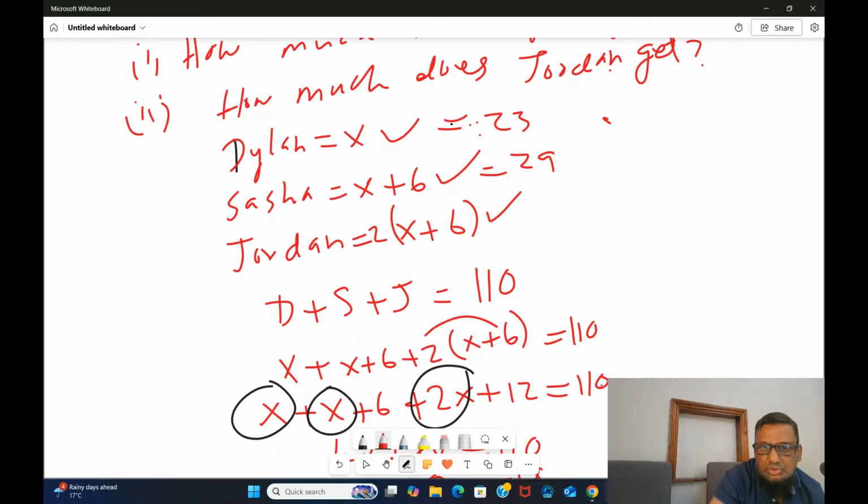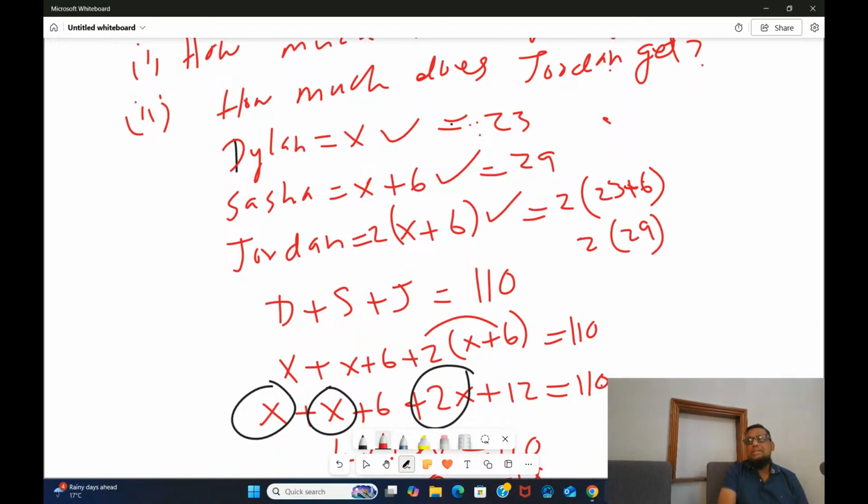Or you can work out how. Look at this one. I know the value of X now, right? So the value of X is 23 plus 6, which is 29, and 29 times 2, so double of 30 is 60, so it means he is getting 58.